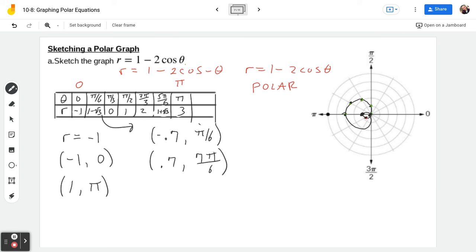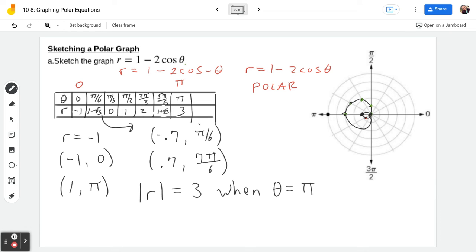Okay, some things that I want to talk about here. The maximum value of r. The biggest that r possibly gets, if we just look at our table, is 3. So the maximum value of r is 3 when theta is equal to pi. Some other things that I know: when does it cross the polar axis?